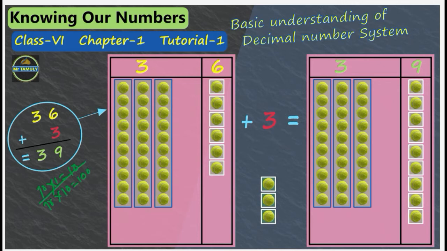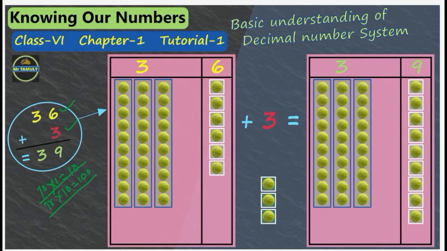We all know this, but to remember the concept we will try to understand this with the help of these tennis balls. So what we have done here is we have taken the example of an addition problem. The first problem we have taken is we are adding 3 with 36. Okay, and we shall try to understand this in terms of the tennis balls.